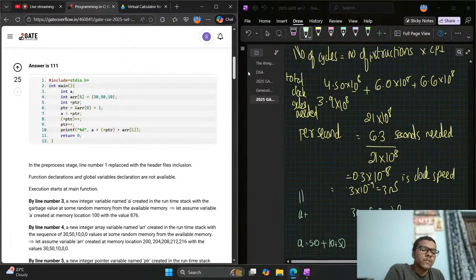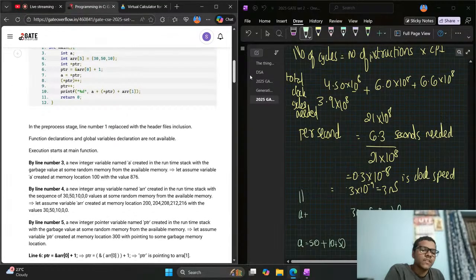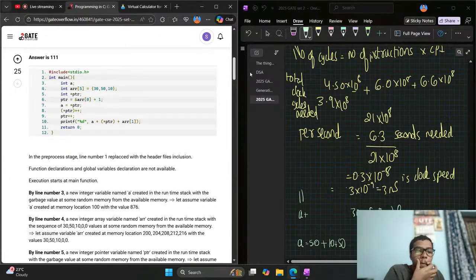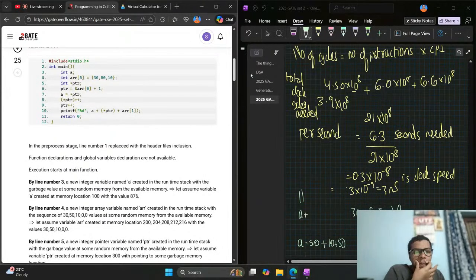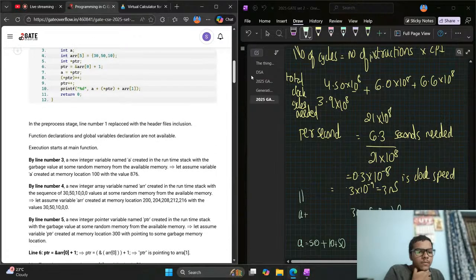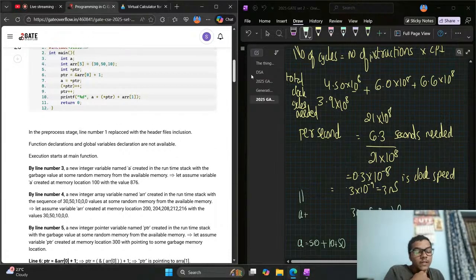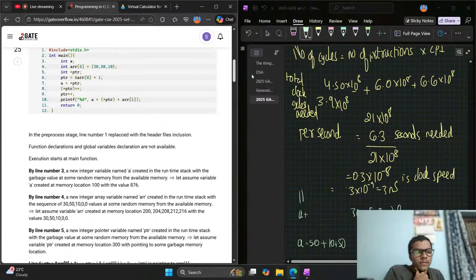In the pre-process stage, function declaration and global are available by line 3. Okay. By line 4, a new integer array named array: 30, 50, 10, 0, 0. Okay. Available memory.